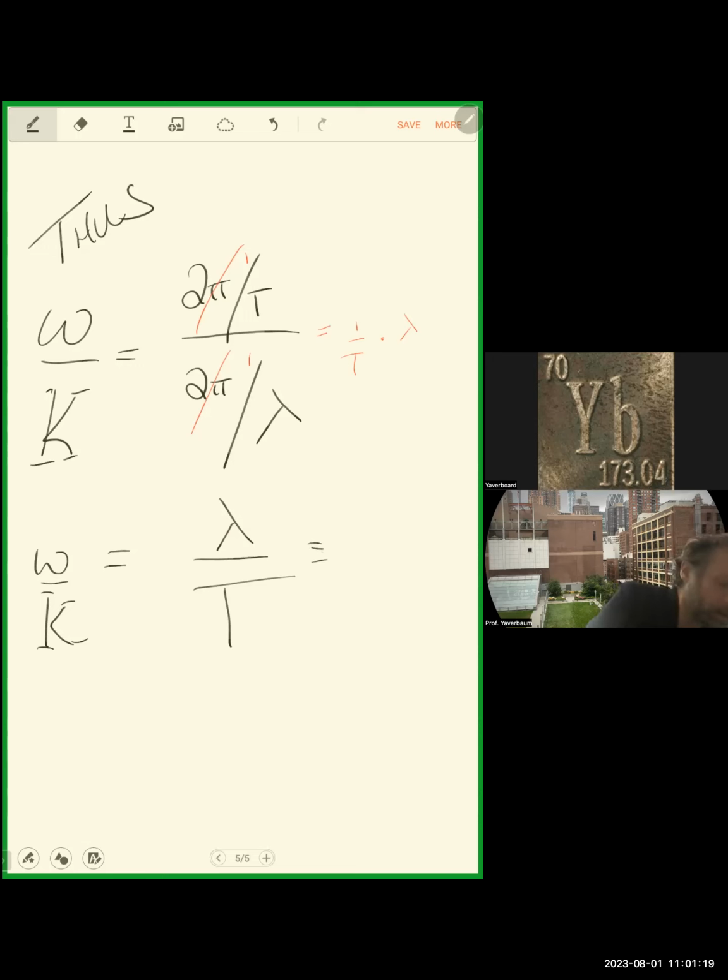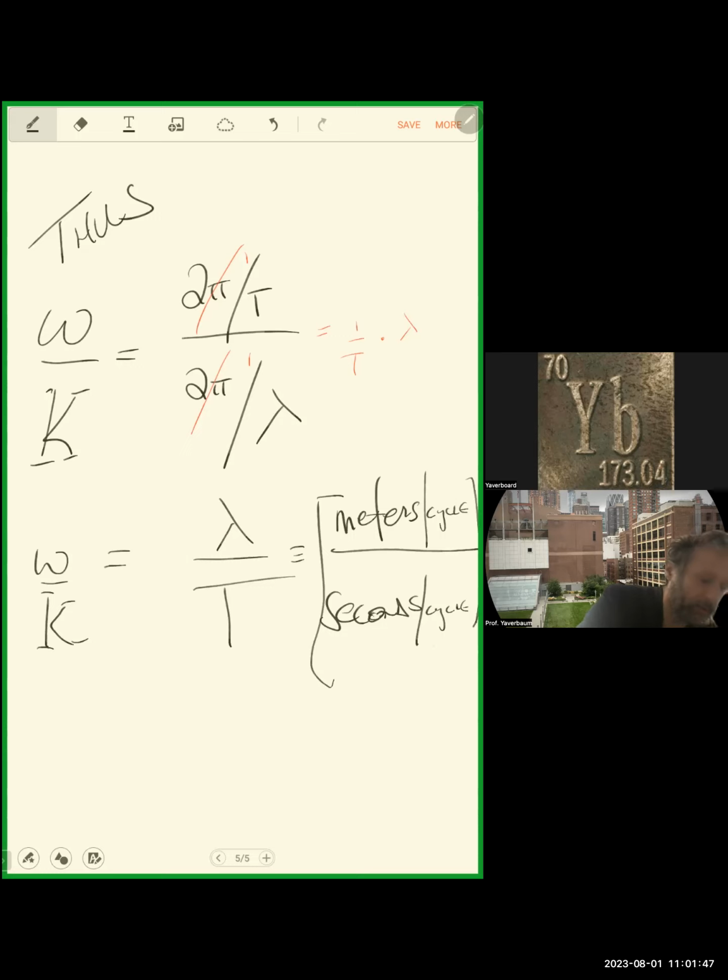And in units, that means meters per cycle. Here, let me be really clear about it. What is that? That's meters for a full cycle over seconds for a full cycle.